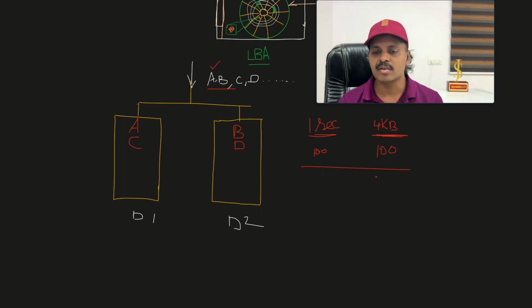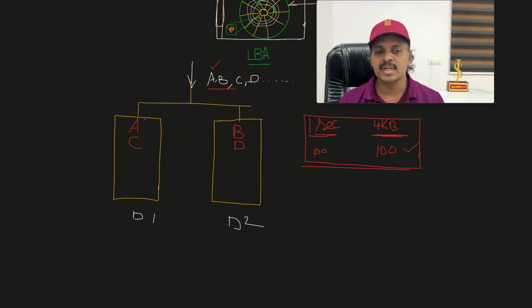That is with one disk writing the data. Now I am saying I have two disks, disk 1 and disk 2, and the same 100 blocks. How much time will it take?